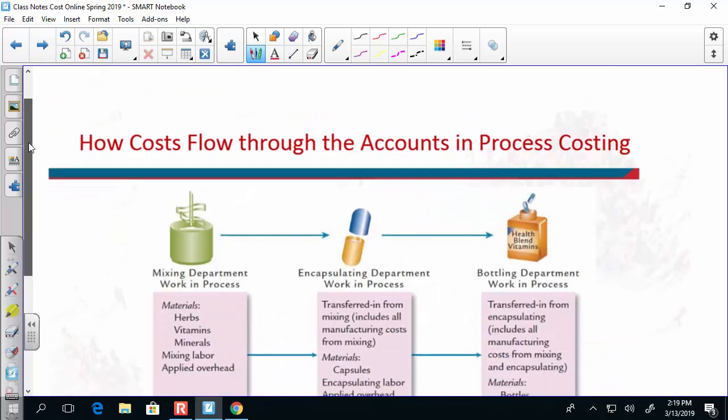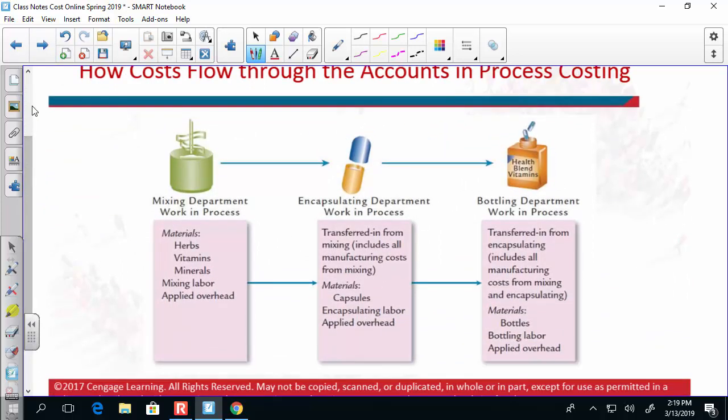And it just basically shows the flow of cost. Obviously, once the department work has been done in the first department, the total dollar amount comes over to the next department, and then from there the total goes into the final department in this case.